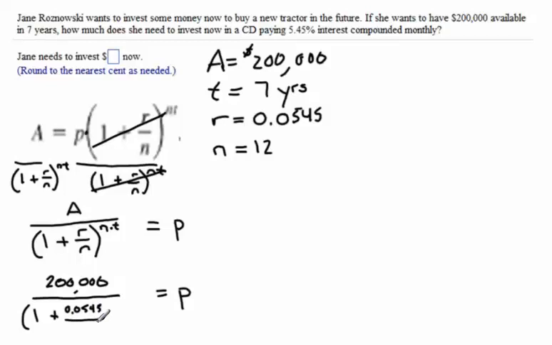N is the number of compoundings per year, which is 12 since it's compounded monthly. And the total number of compoundings would be N times T, which is the exponent. It's the total number of compoundings on that CD, which is 12 times 7, which is 84.